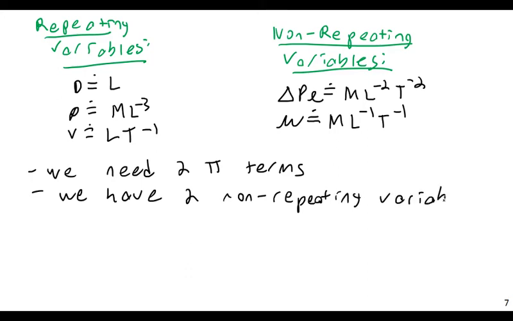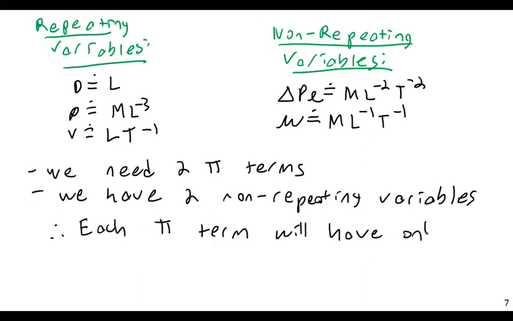This is not a coincidence. If you work through this, you will find that each pi term will have only one of the non-repeating variables.